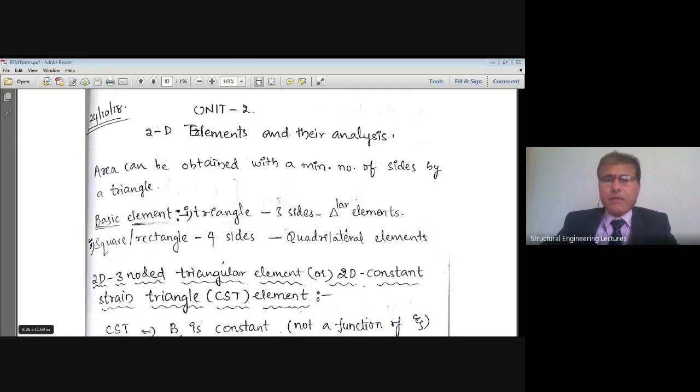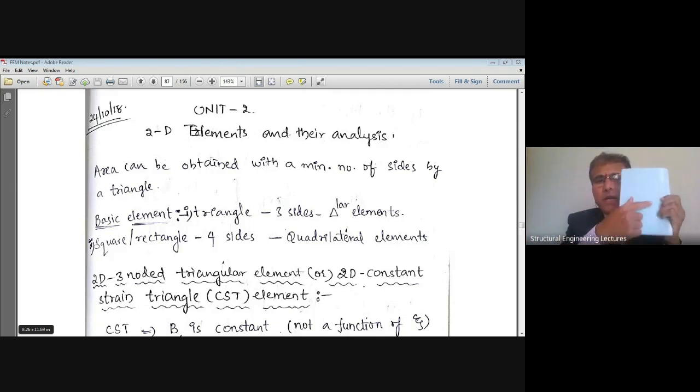Basically, the given continuum, if it is a 2D structure with some appropriate thickness, can be discretized into 2D elements, right?